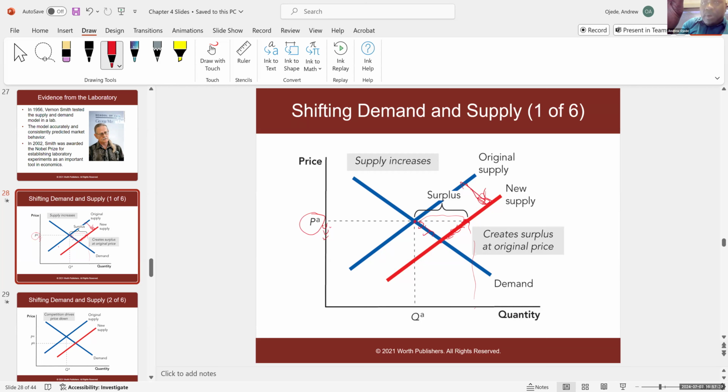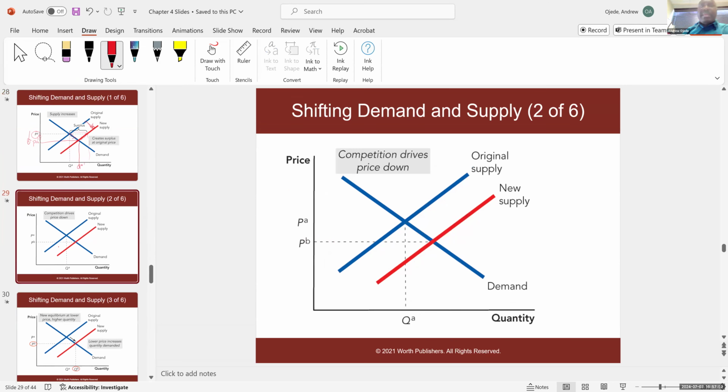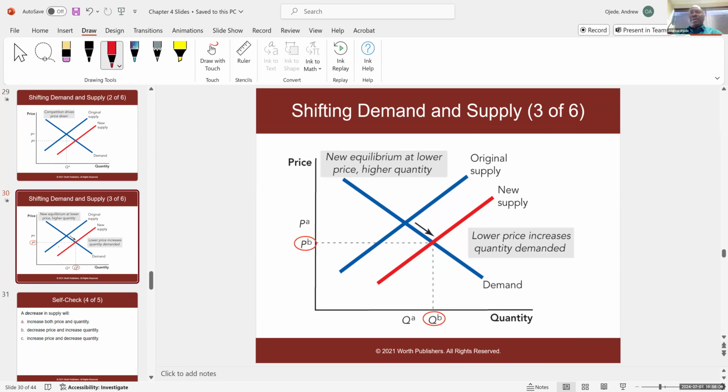Equilibrium quantity is going to increase to some new level, and equilibrium price eventually is going to fall to a new level, P_A prime, maybe Q_A prime here. So that's the dynamic in the market. When the supply curve shifts to the right, this equilibrium is no longer relevant. We're going to move to a new equilibrium. The market price is going to fall, and the equilibrium quantity is going to go up. See that?